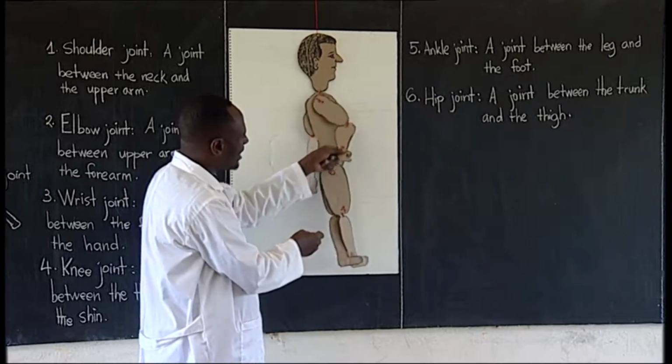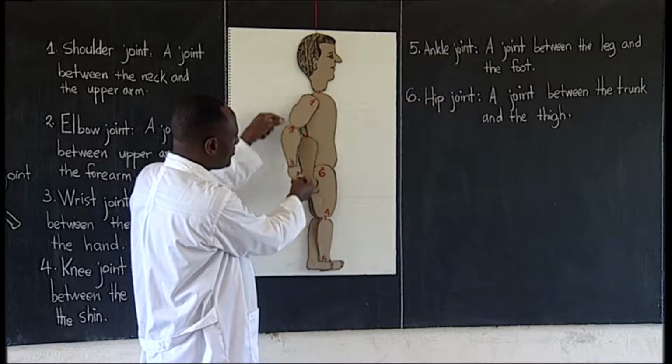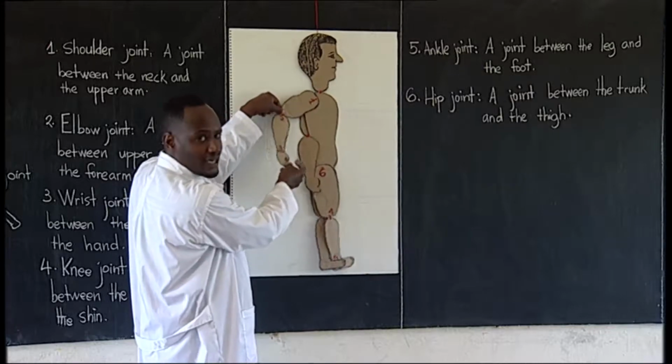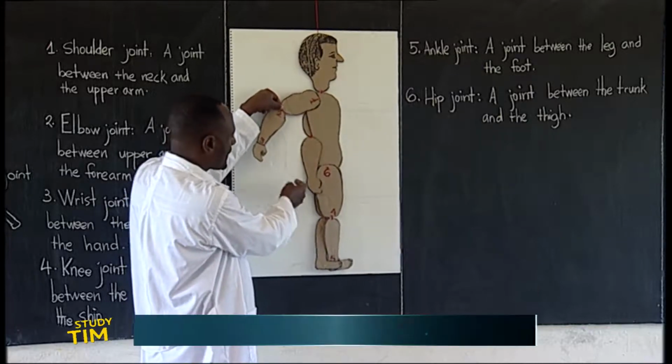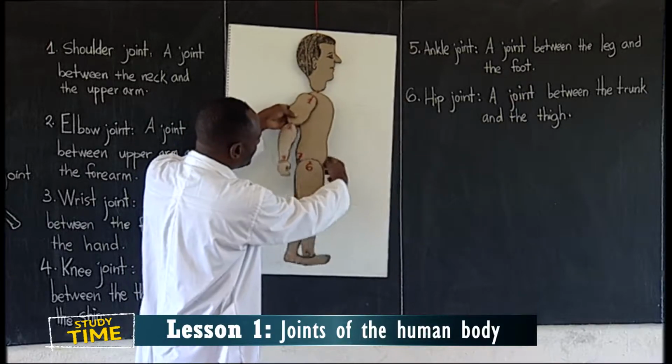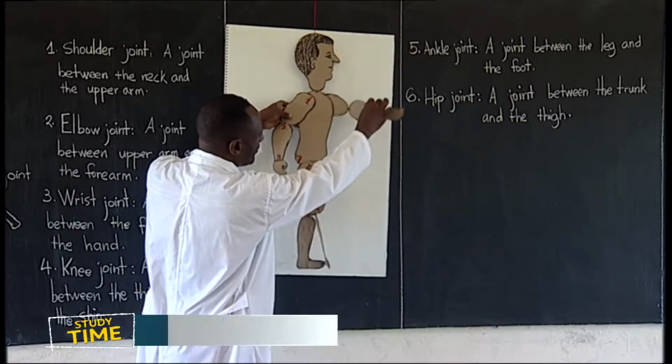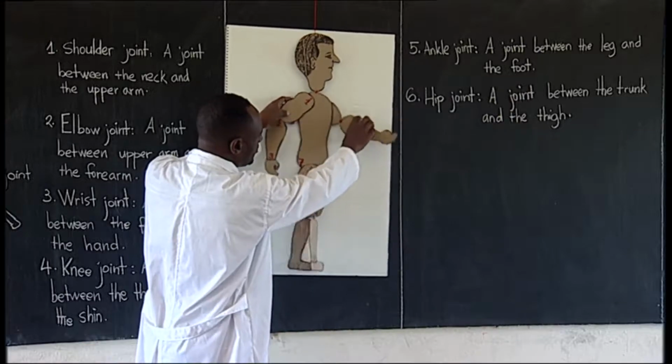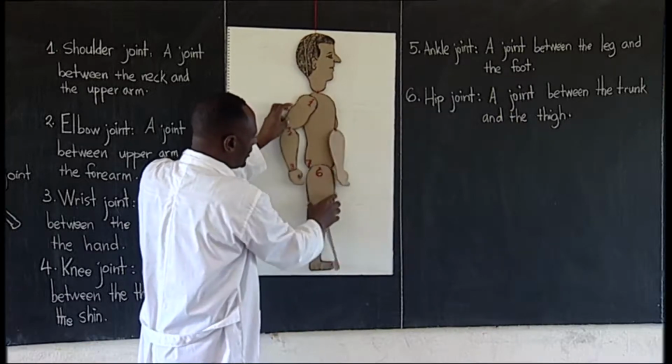You can see how the arm can move together with the elbow joint. Okay? This is the other side of the arm. So we are able to move because of these joints.